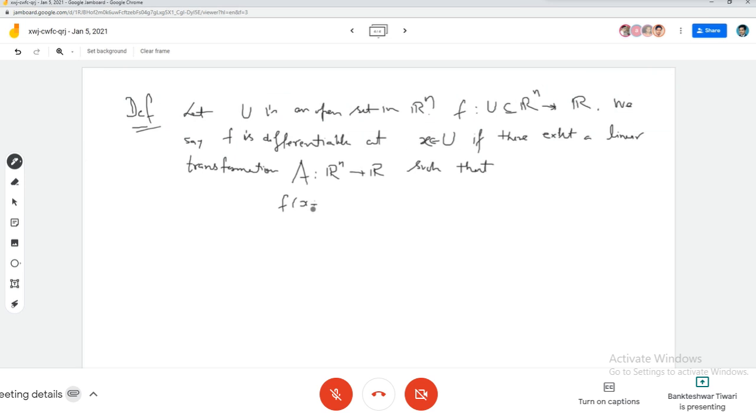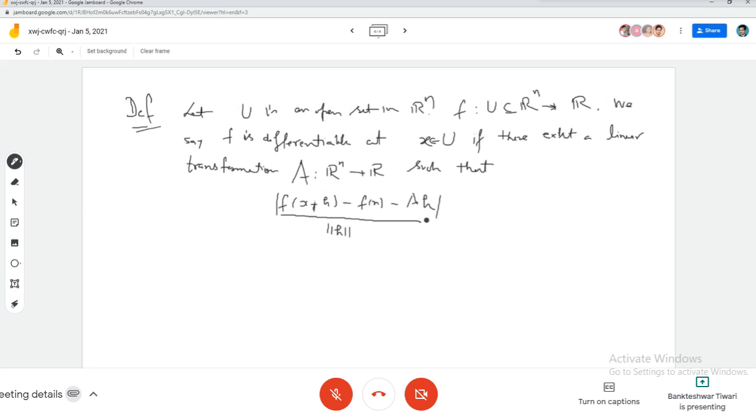So this f(x plus h) minus f(x) minus Ah, divided by the norm of h, and here also you can take the modulus.